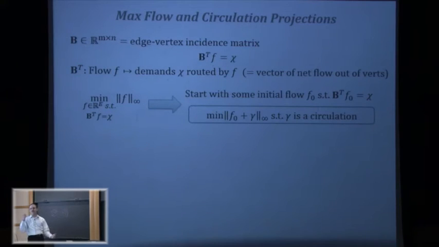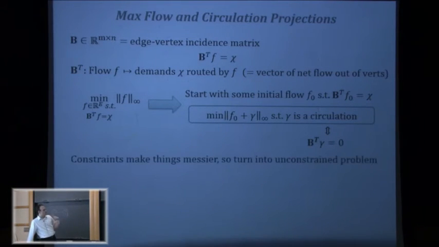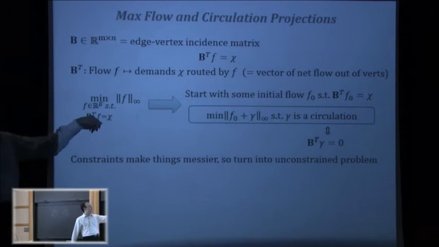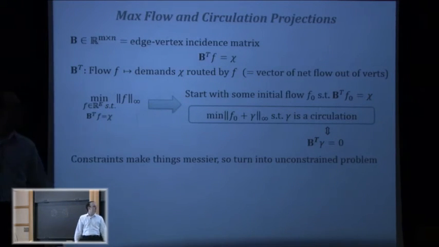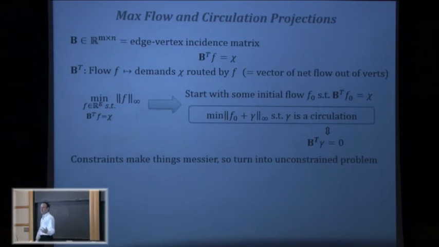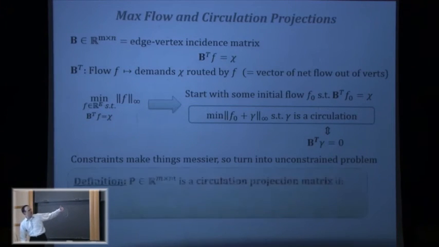If I route the demands and then look at everything that routes those demands, their difference is going to route nothing. It's going to be a circulation, which means B transpose gamma is 0. And this is not exactly how we're going to do it, because the constraints are going to make things a little annoying. So instead of parametrizing it like this, we're actually going to solve an unconstrained problem where, instead of forcing gamma to be a circulation, we're going to project onto circulations.